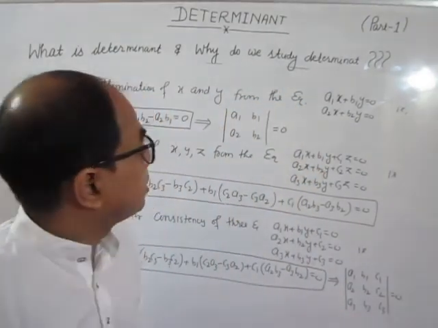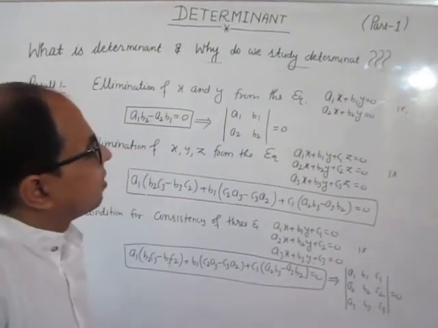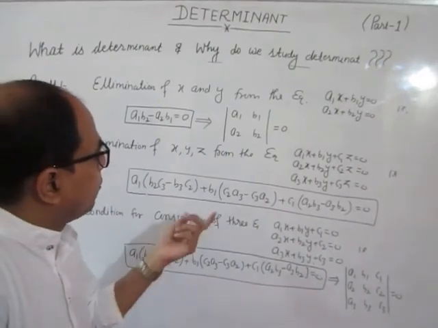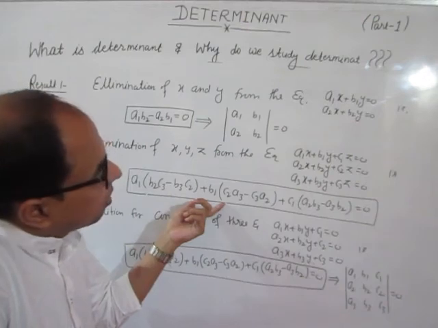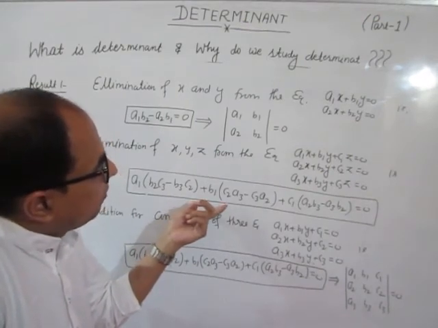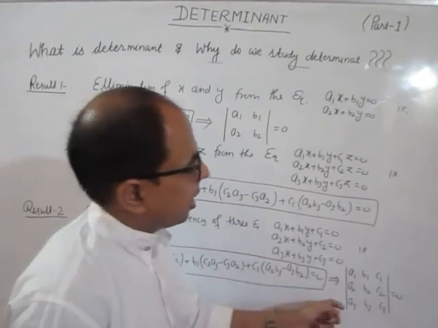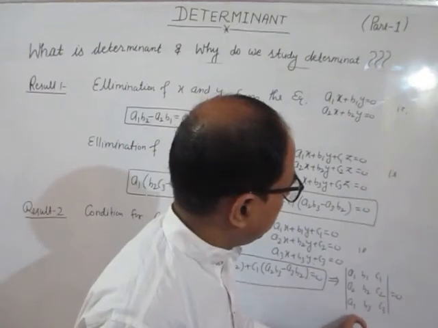Now the second, or main, advantage is that if we have to simplify this expression, then as compared to simplification of this expanded expression, this concise expression will be simpler.